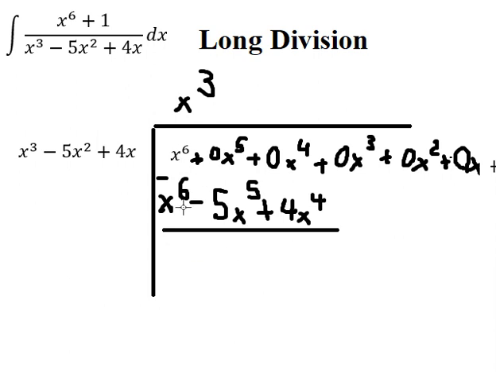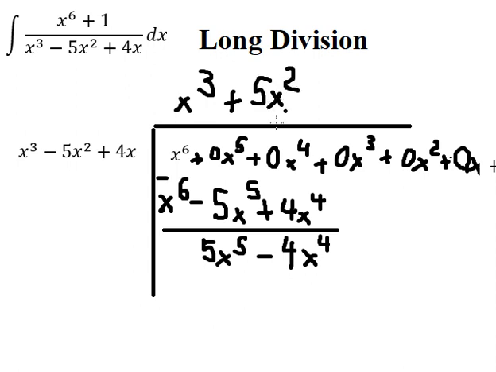This one you got number 0. Number 0 minus negative number 5, we have 5s to the power of 5. 0 minus positive number 4, we have negative number 4s to the power of 4. And now for this one, I will put 5s to the power of 2.